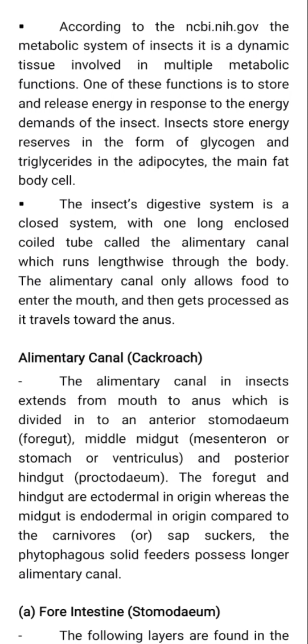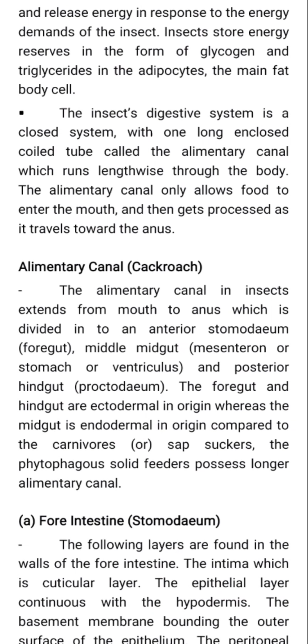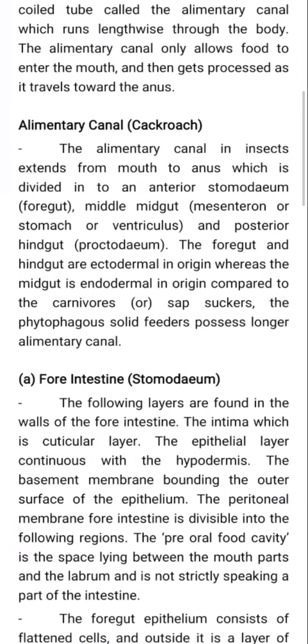The foregut and hindgut are ectodermal in origin, whereas the midgut is endodermal in origin. Compared to the carnivores, sapsuckers and phytophagous solid feeders possess a longer alimentary canal.